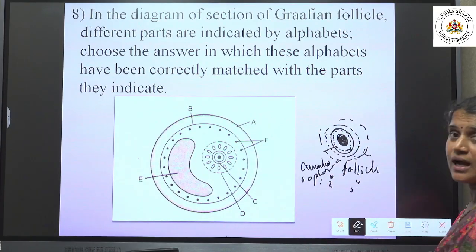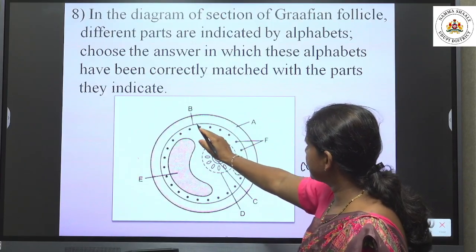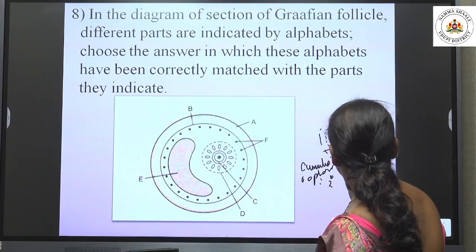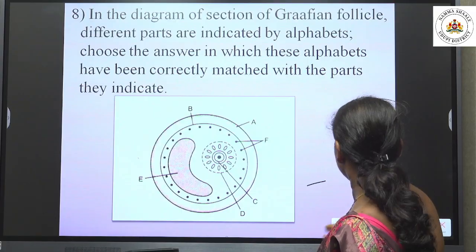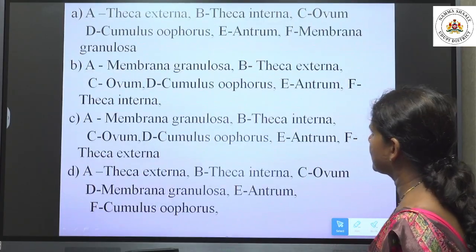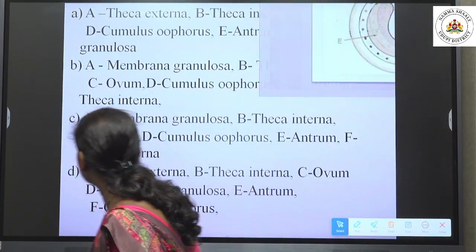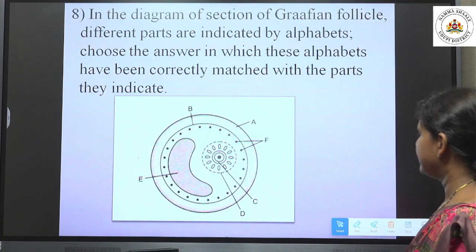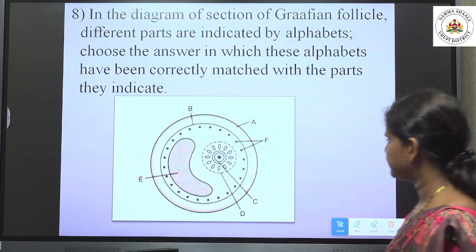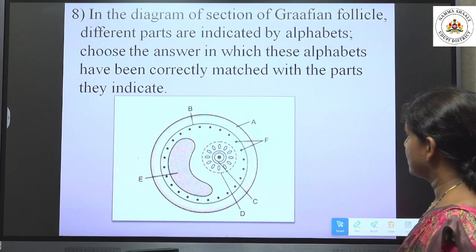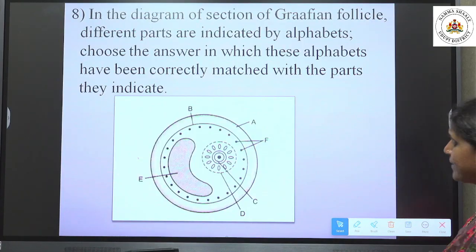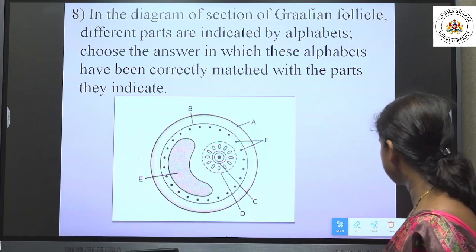A is the theca externa and B is the theca interna, and C is the ovum, and D is the cumulus oophorus, and then E is the antrum, a fluid filled cavity called the antrum, and F is the granulosa cell.